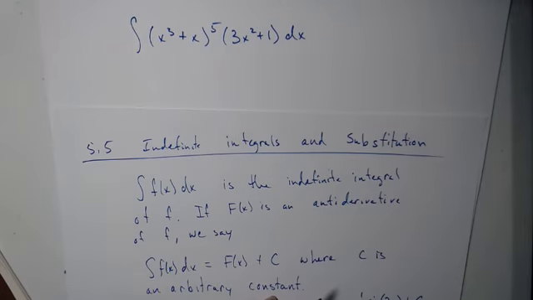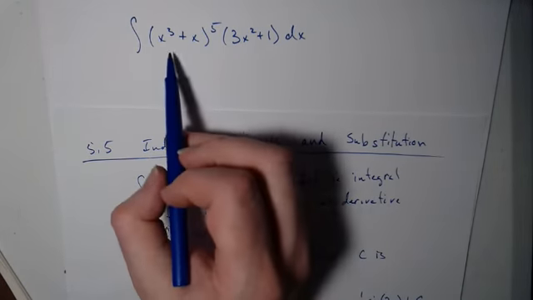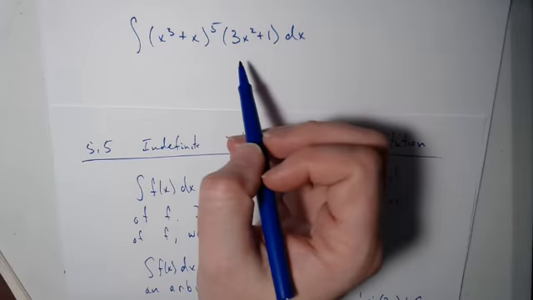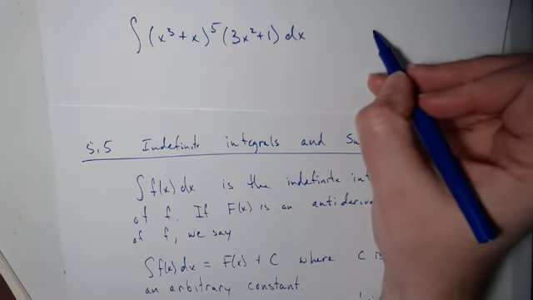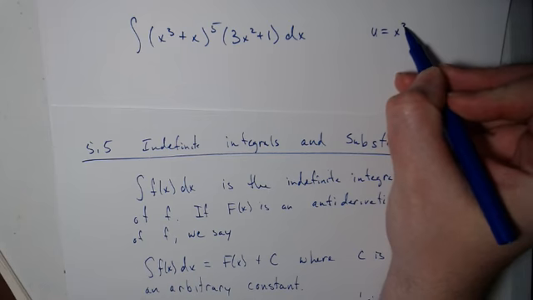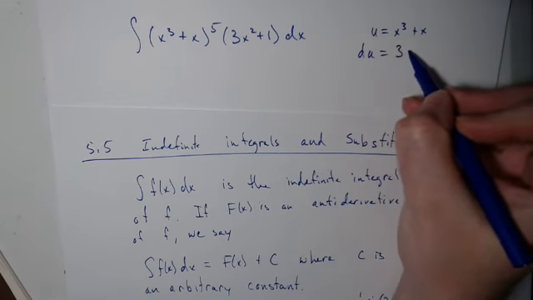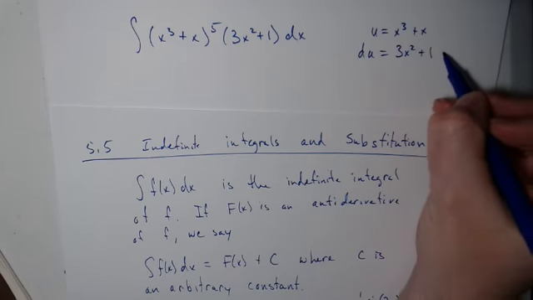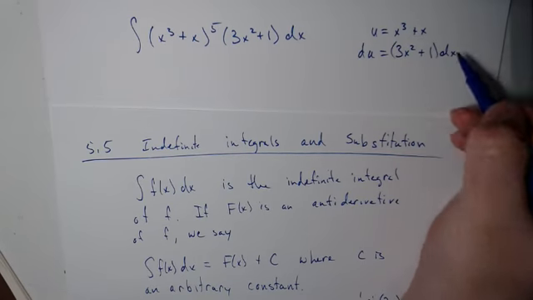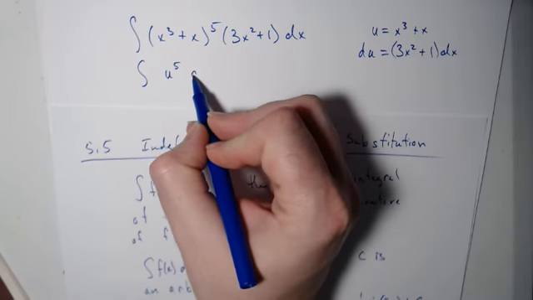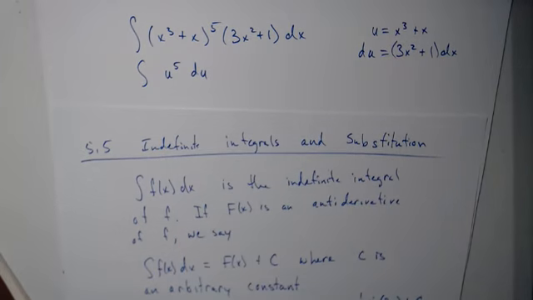Now we could do that integral by multiplying everything out and getting our polynomial in one long chain, integrating piece by piece. But if we notice that we let u equal x cubed plus x, then du equals 3x squared plus 1 dx, what we actually have here is u to the 5th du.